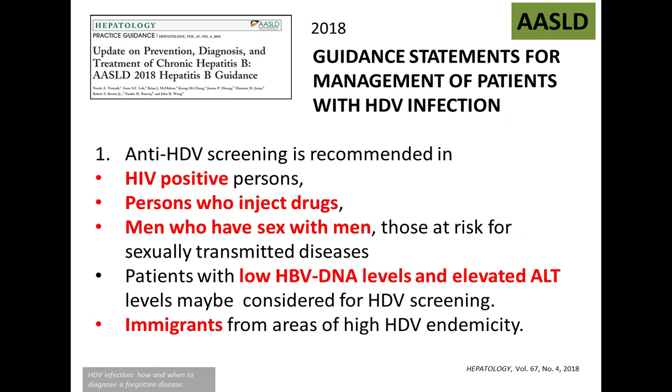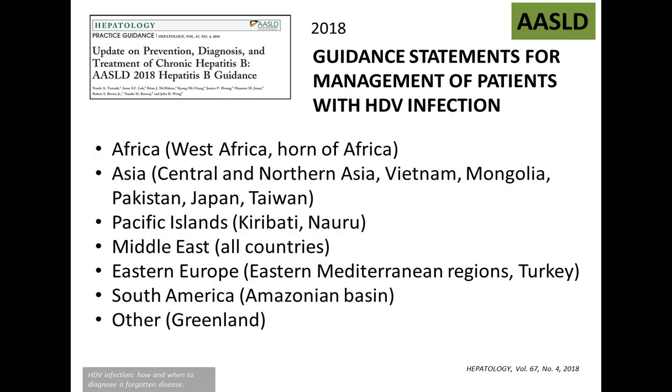Antibodies anti-Delta virus as a screening is recommended in persons who are HIV positive, persons who inject drugs, men having sex with men, and all other people at risk of sexually transmitted diseases. Also, a patient with low levels of hepatitis B DNA but having elevated ALT levels may be considered for Delta screening. And finally, immigrants from areas of high endemicity of Delta infection.